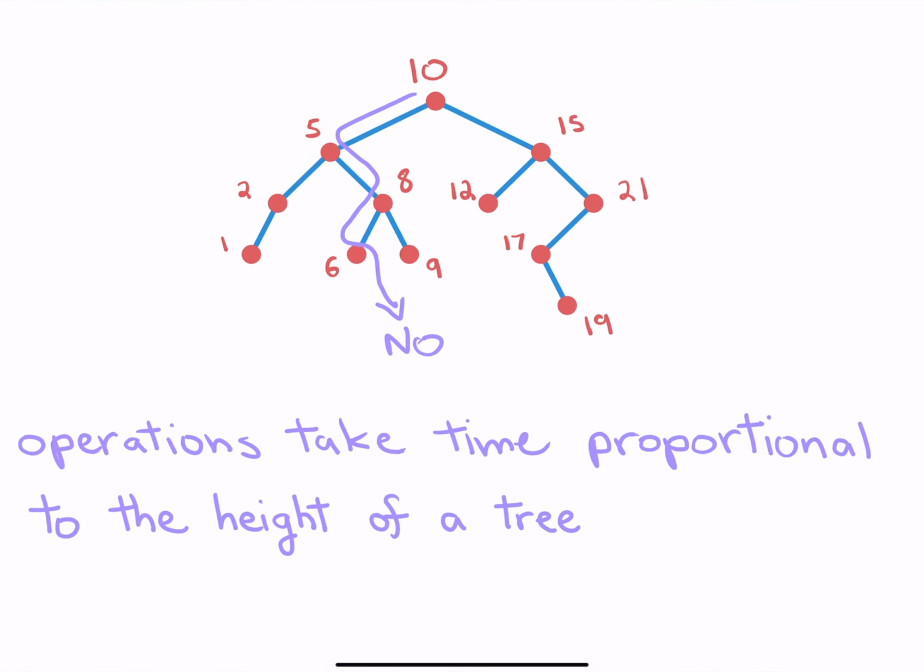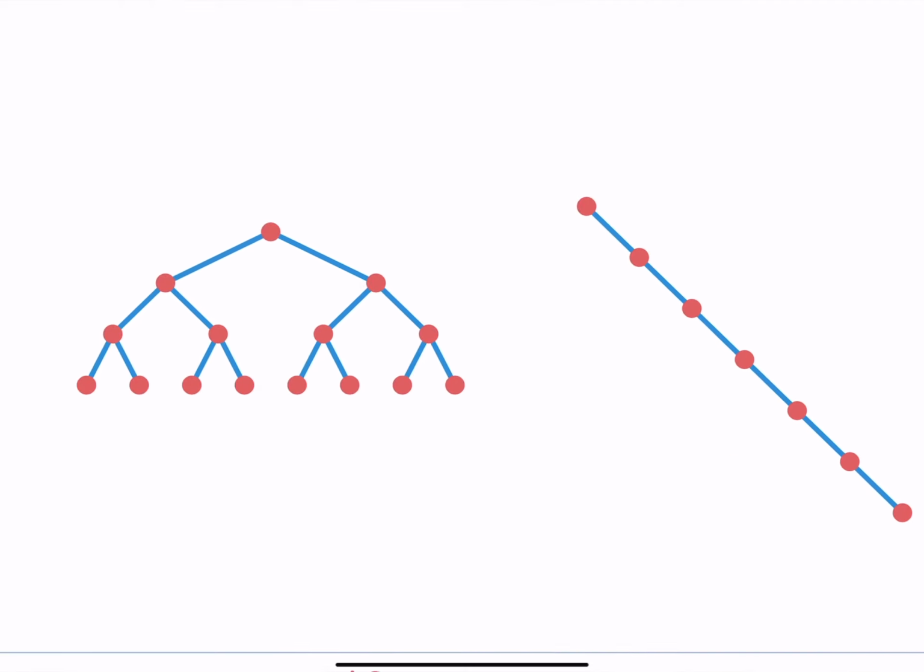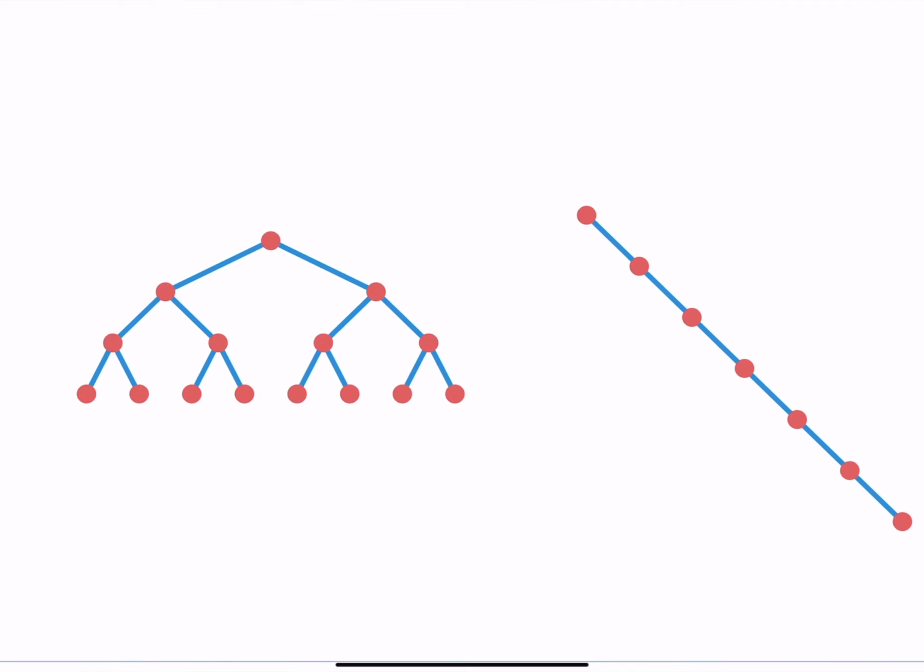Oh, okay, the point is that in all those examples, the running time of an operation is proportional to how long the path is to the bottom, which in the worst case is the height of the tree. So with all these data structures, the goal is to make your tree look like the left instead of the right.